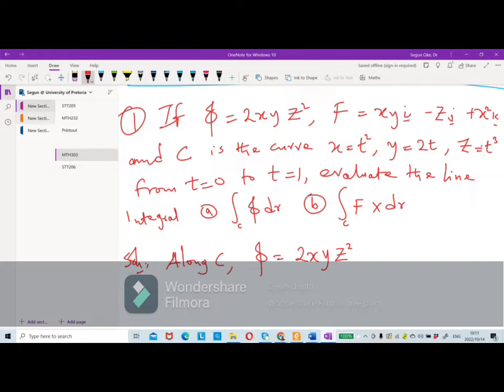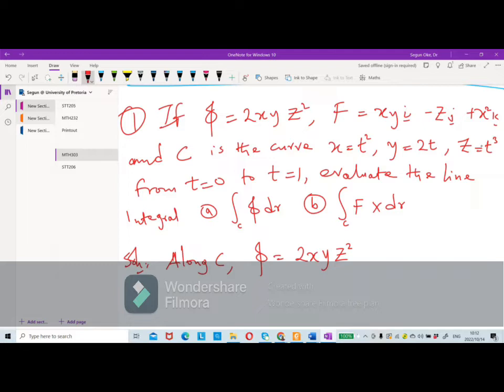Remember, you are given t, and everything must be in form of t. The first thing I expect you to do is to substitute x equals t squared, y equals 2t, and z equals t cubed. Did you see it there? Yes, sir.